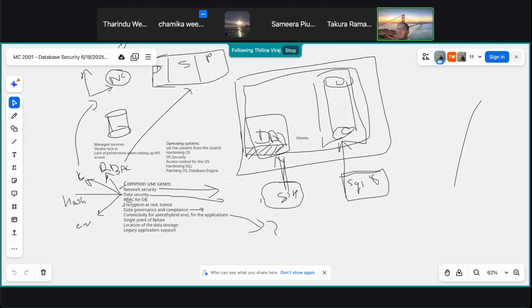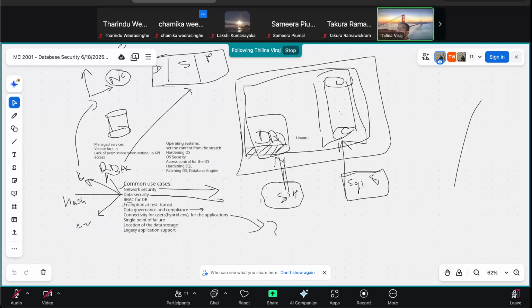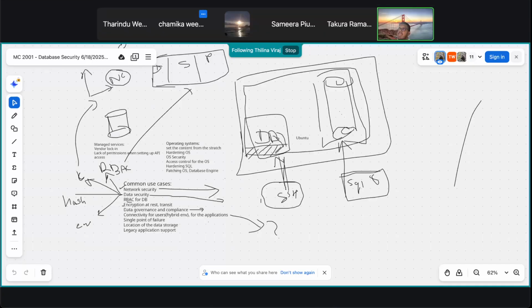Single point of failure is happening for both of these, depending on the way you implement it. You can have multiple servers here and load balance them, so put up a load balancer here and call these databases. That is possible, but there's one more way: you still have high availability without a single point of failure.